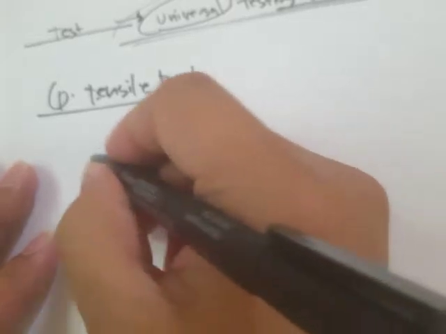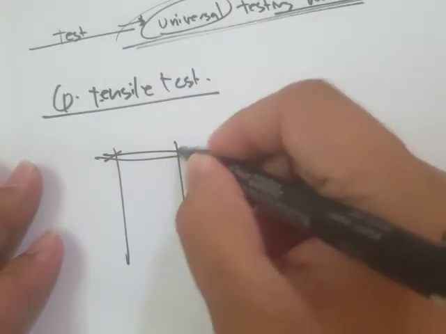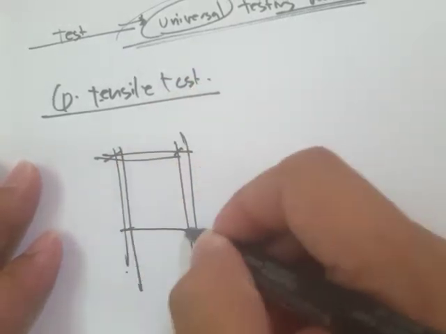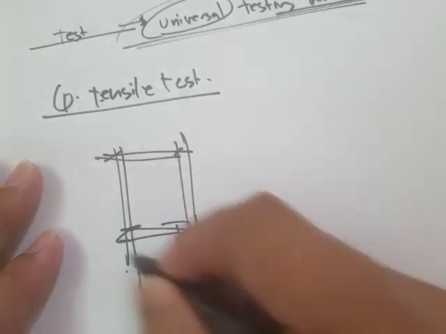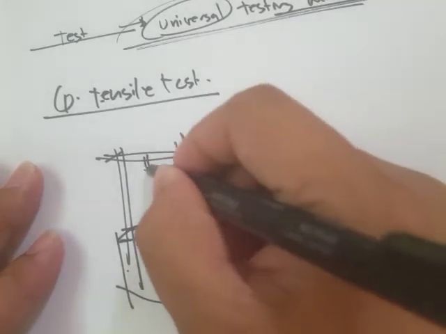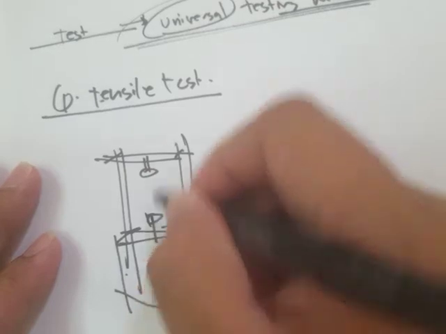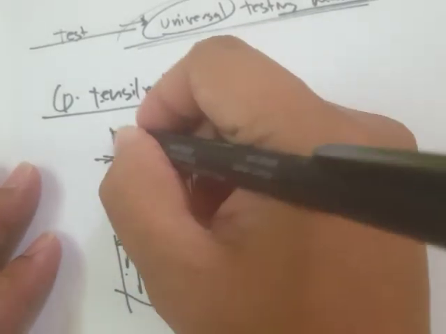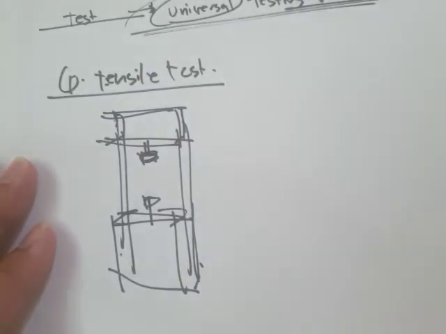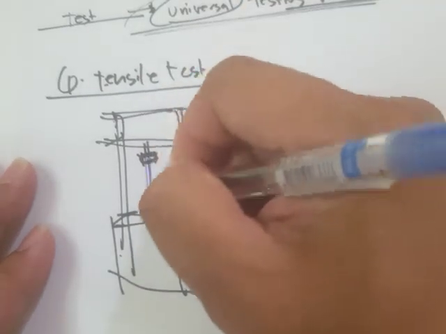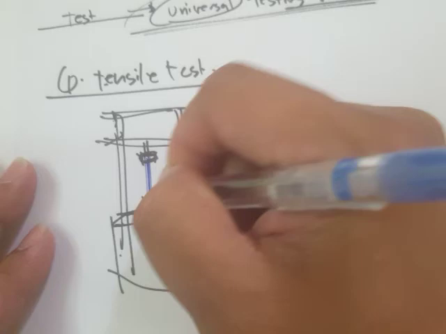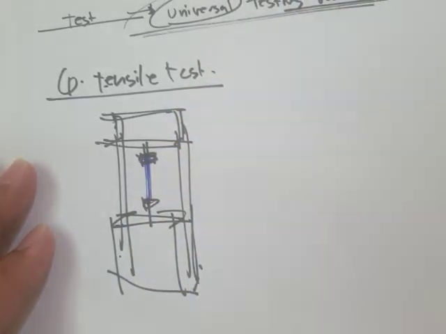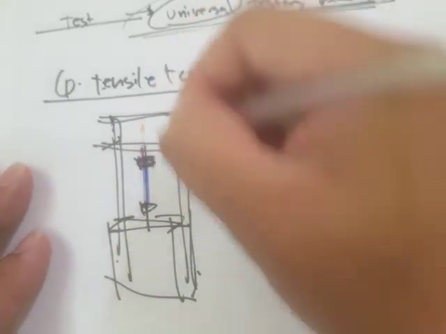So this is the equipment, or the machine, and we have this grip right here and another grip. This grip is just something like a holder. We have this material fixed in here, being held by this grip, and then it is being pulled apart.